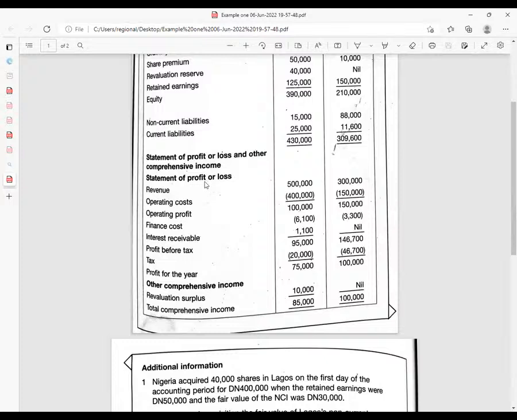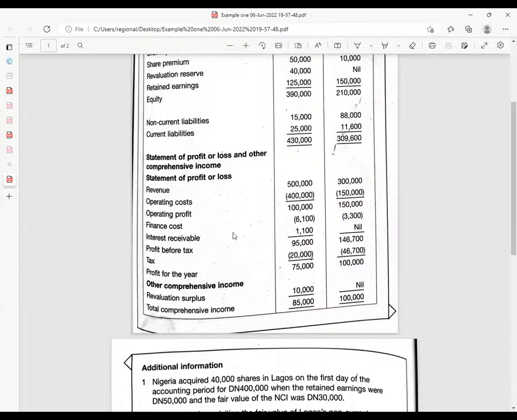So we have, first of all, the statement of profit or loss, and then other comprehensive incomes. Under other comprehensive incomes, I have revaluation, and then I'll be bringing the foreign currency exchange. It also falls under other comprehensive incomes.